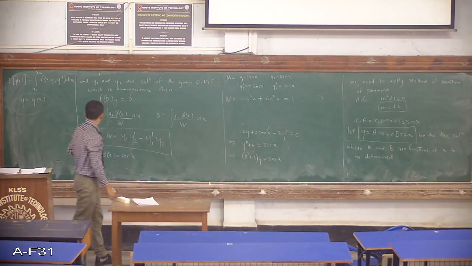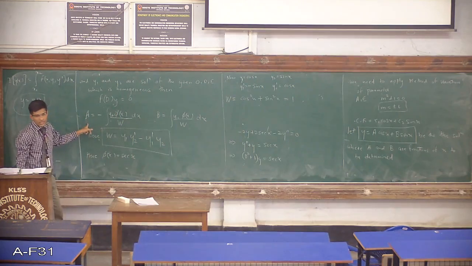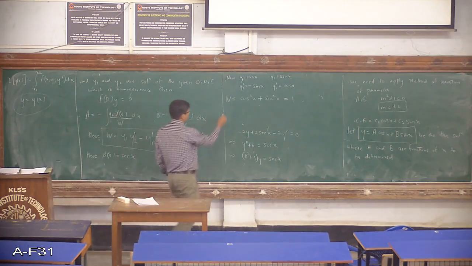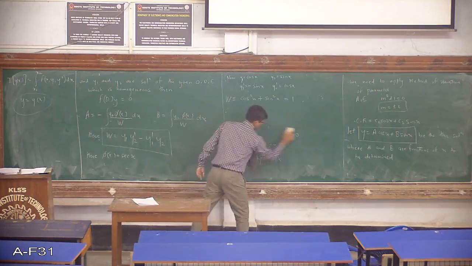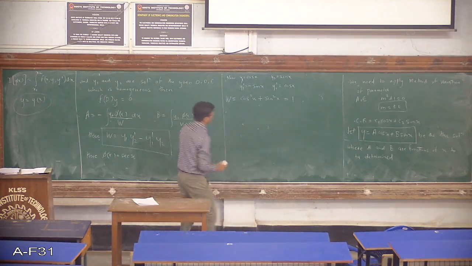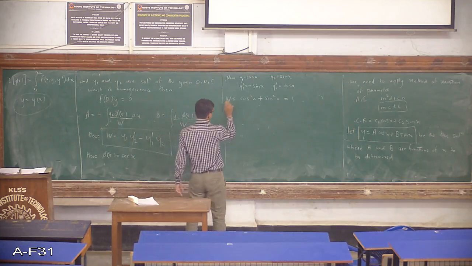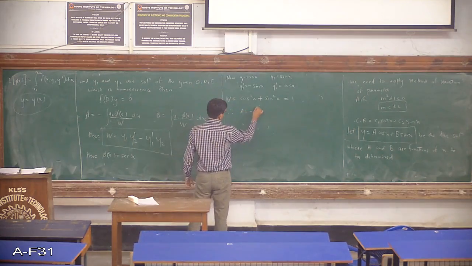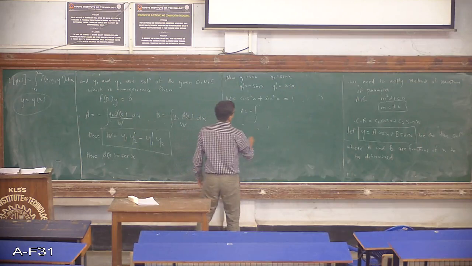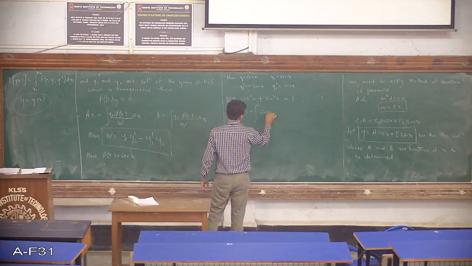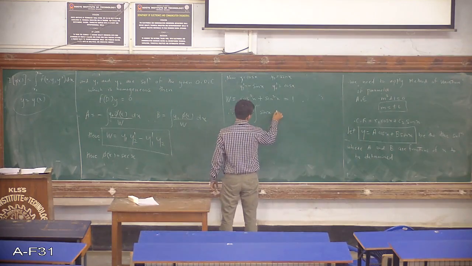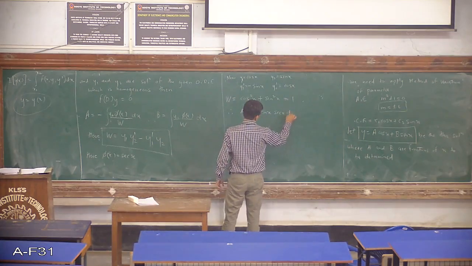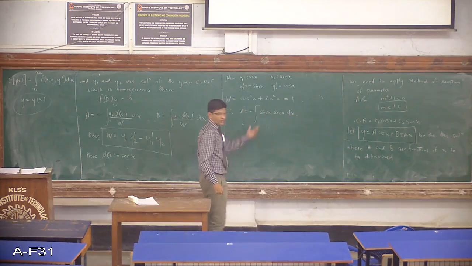Therefore I need to find the value of a, where a and b are functions of x. So a is equal to minus the integration of y2, which is sin x, times phi of x, which is sec x, dx, and the Wronskian is 1, so I do not write it.